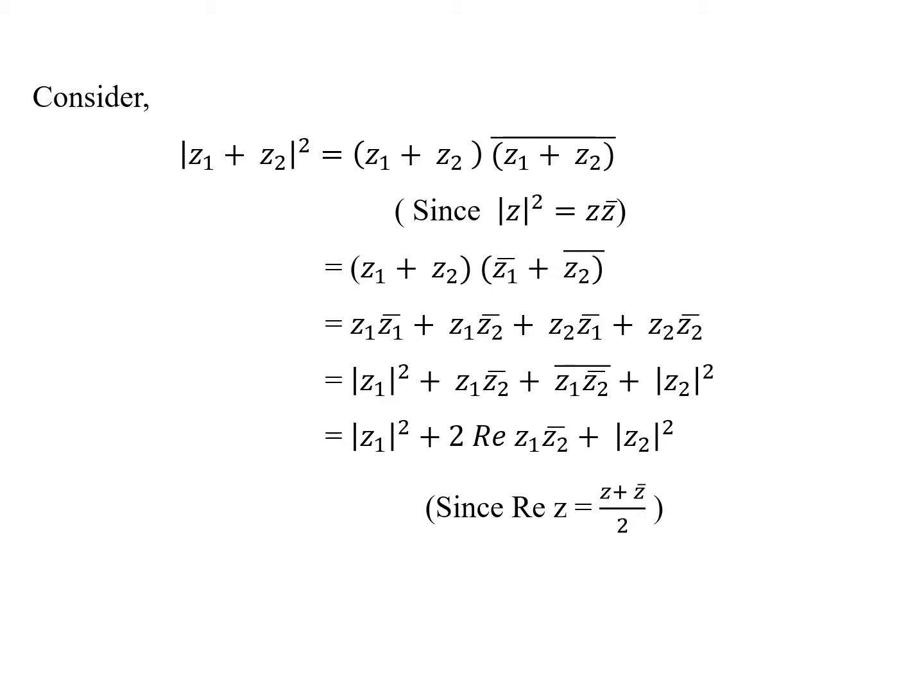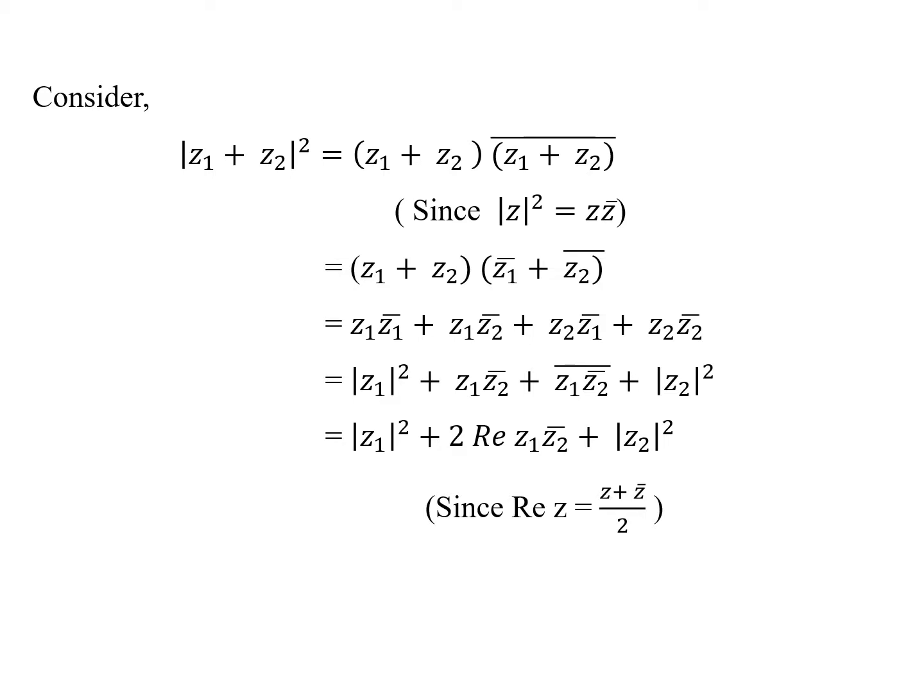In the next step we take the conjugate of the second part, that is z1 conjugate plus z2 conjugate. Multiplying these two, we get z1 into z1 conjugate plus z1 into z2 conjugate plus z2 into z1 conjugate plus z2 into z2 conjugate.